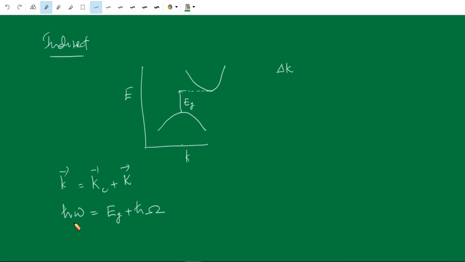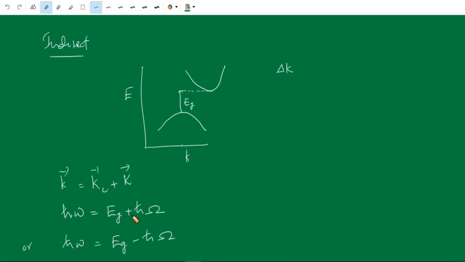Sometimes this can also be written as h cross omega equals Eg minus h cross capital omega. In this case, a phonon in addition to the photon is also absorbed.